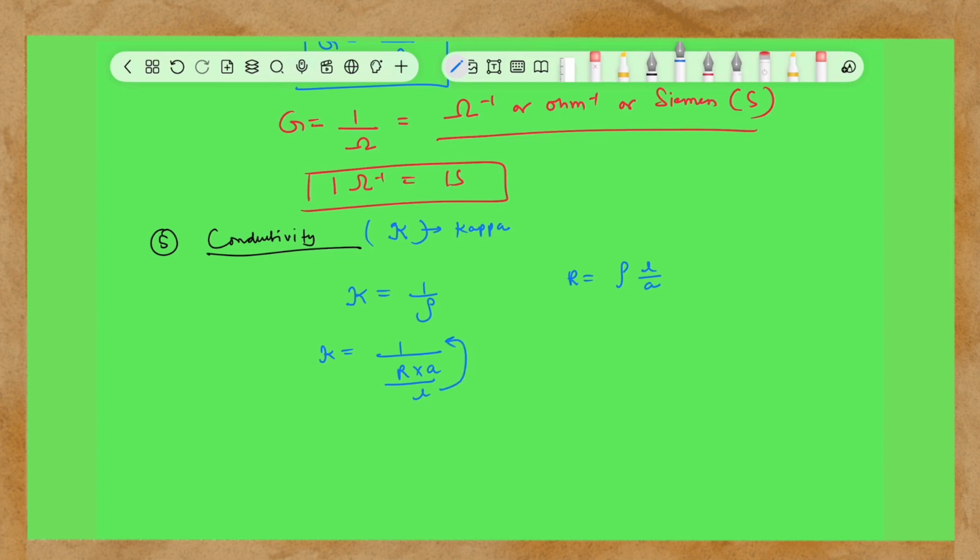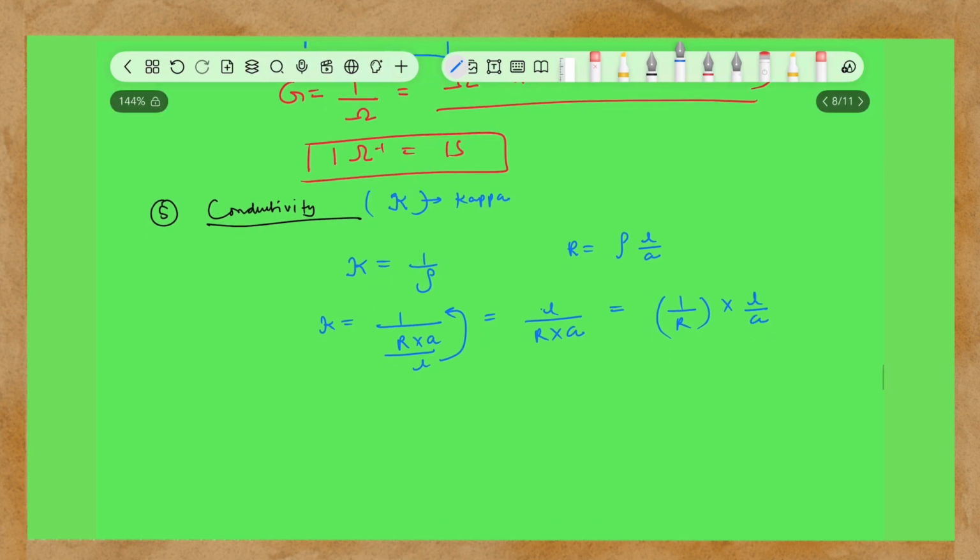So it will get multiplied by 1, and we get the formula L upon R into A. And we can also write it as L upon A, R. To get its unit, length is generally in meter or centimeter, resistance is ohm, and area is meter square.